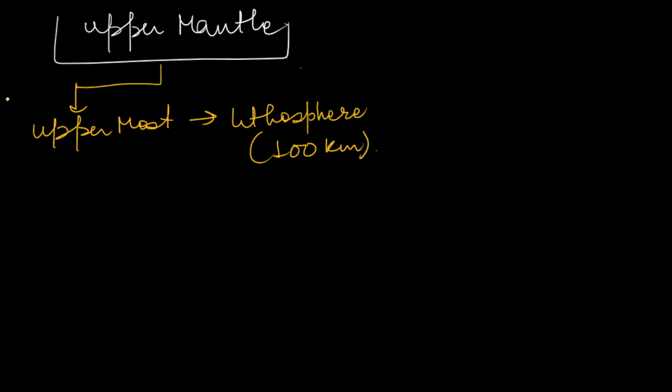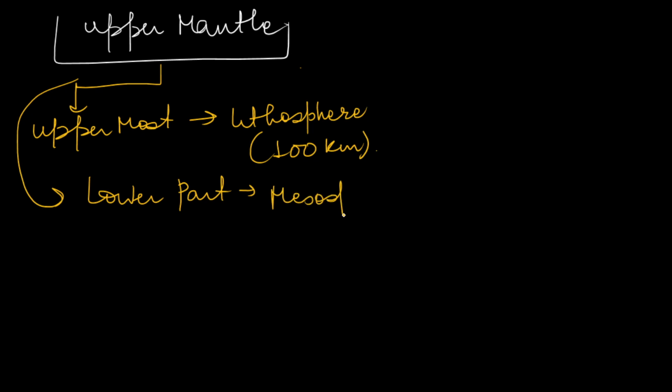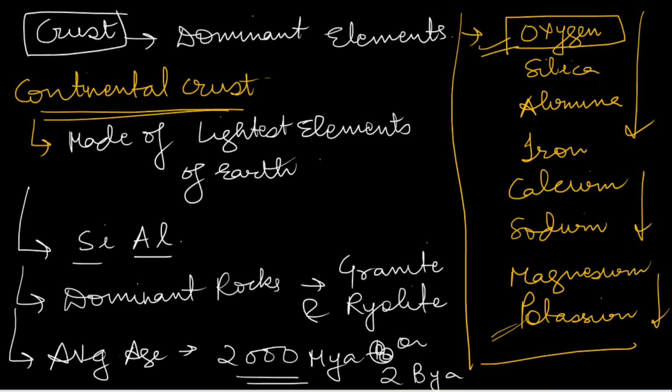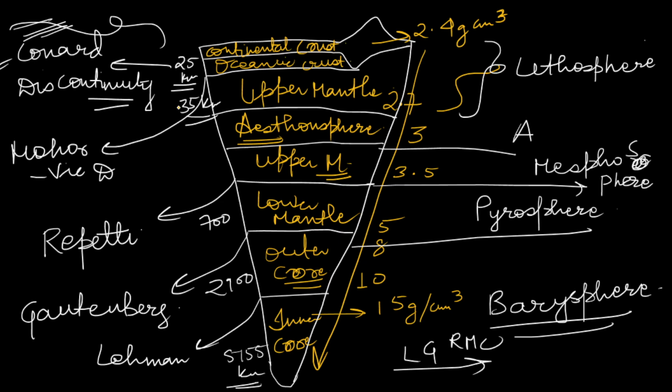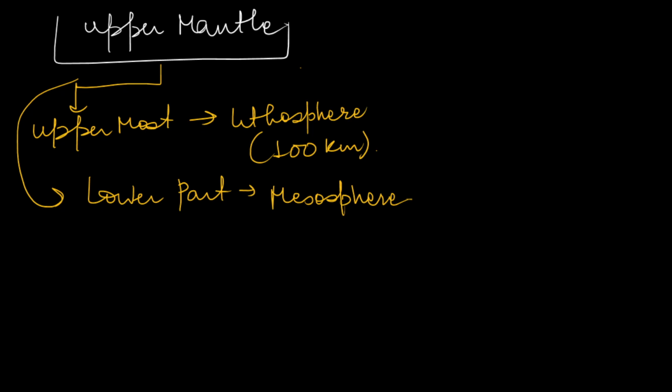Whereas the lower part is part of the mesosphere. You have observed here that the upper mantle is part of the lithosphere, whereas the lower mantle is part of the mesosphere. Sorry, not pyrosphere, it is part of the mesosphere. Do remember it.